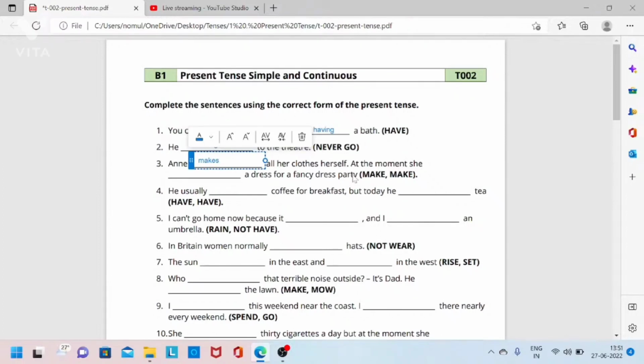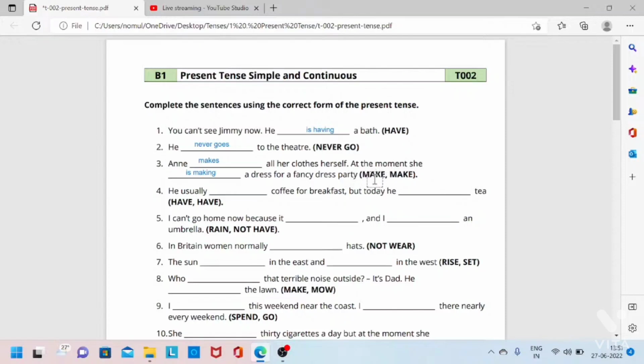What should come here? She is making a dress for a fancy dress party. Isn't it correct? So Annie makes all her clothes herself. At the moment, she is making a dress for a fancy dress party.